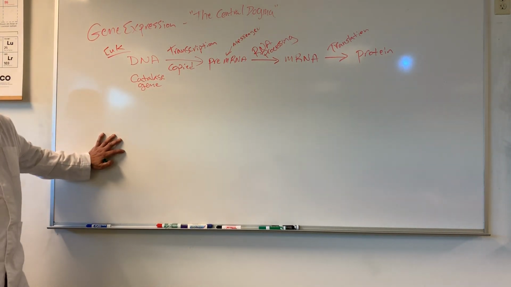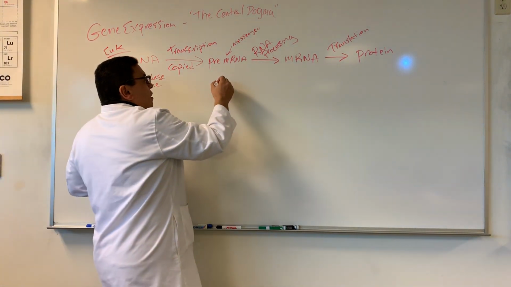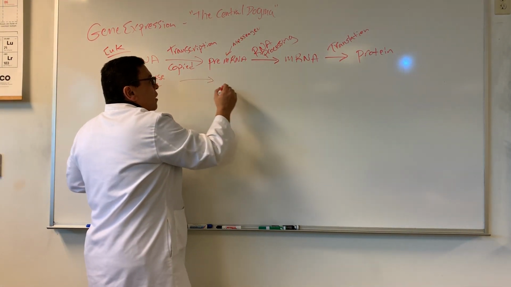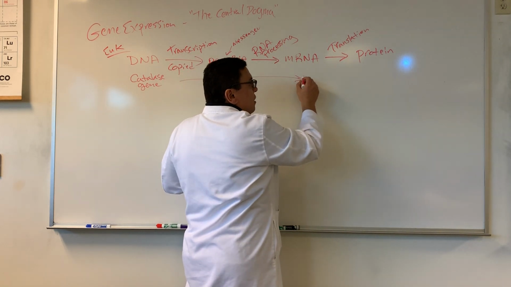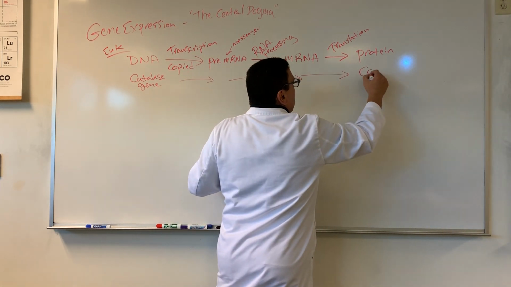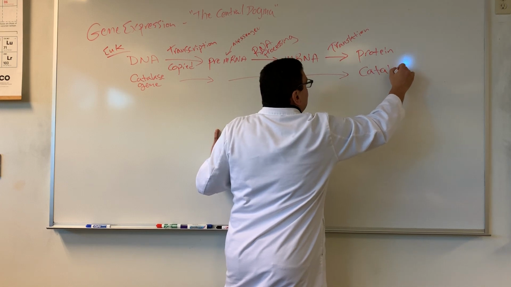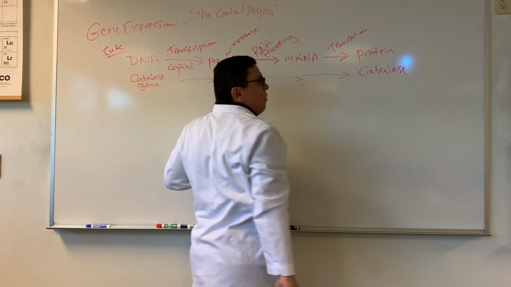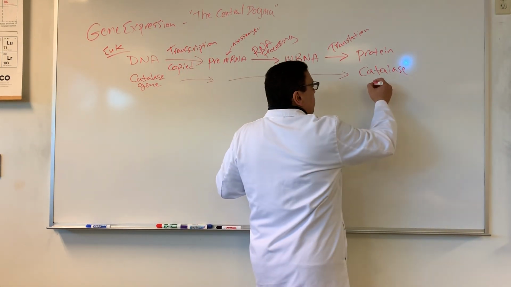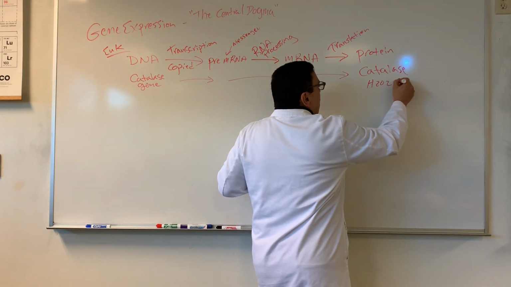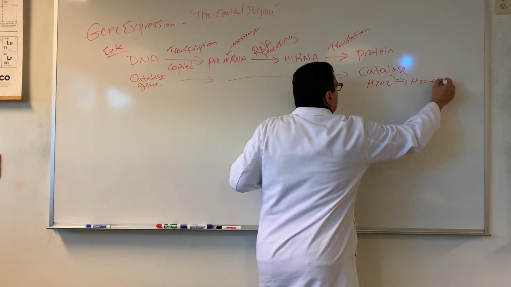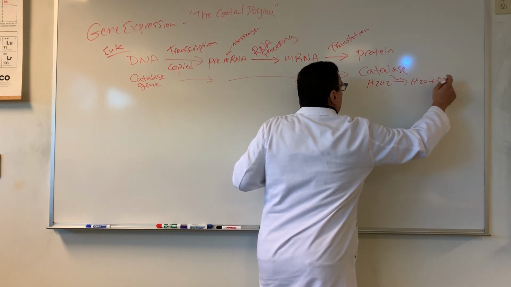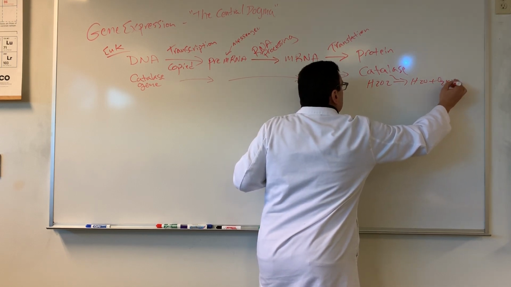The catalase gene will make the pre-mRNA, which will eventually be processed to make the mRNA for catalase, will eventually make the catalase protein. That's the protein that's going to do the work for you. What does catalase do? Remember, it takes hydrogen peroxide and breaks it down into water and oxygen. And if we remember that from the lab, that's a gas.